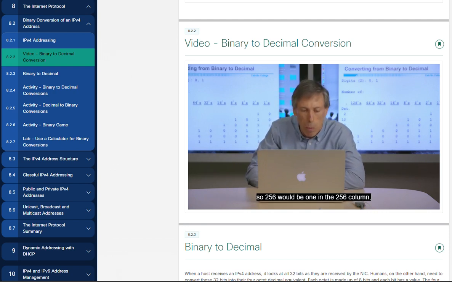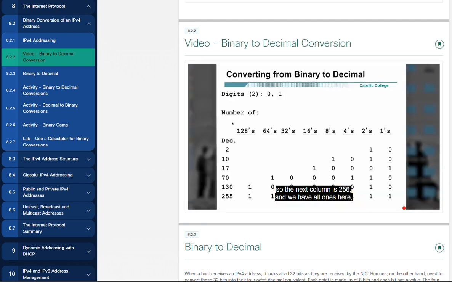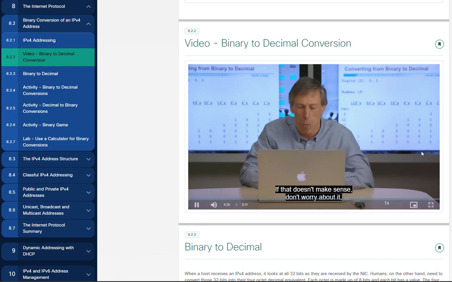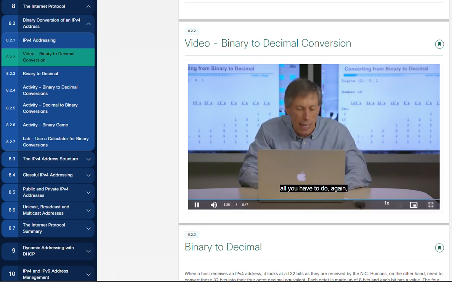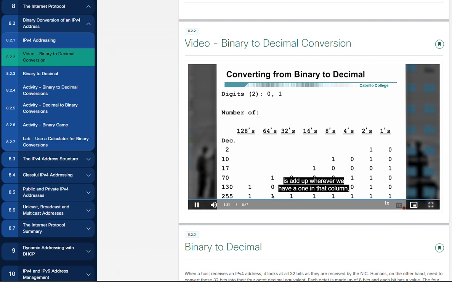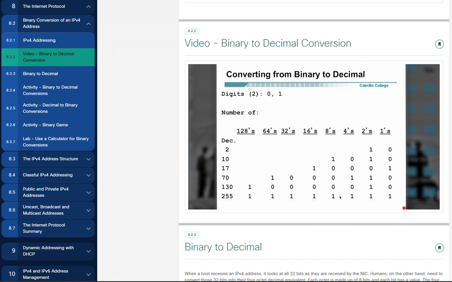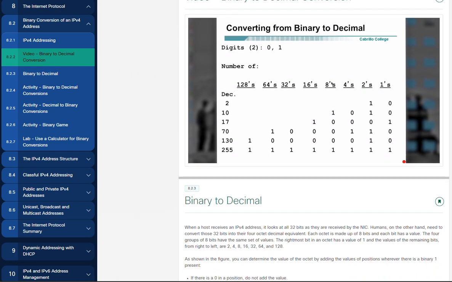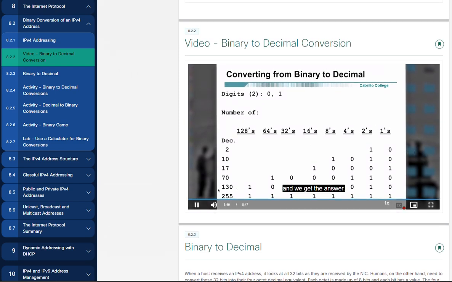So 256 would be 1 in the 256 column, and then all zeros. So if the next column is 256, and we have all 1s here, we just subtract 1 from 256, and that's 255. If that doesn't make sense, don't worry about it. All you have to do, again, is add up wherever we have a 1 in that column. Add those column headings up, and we get the answer.